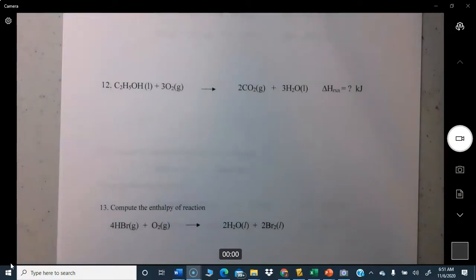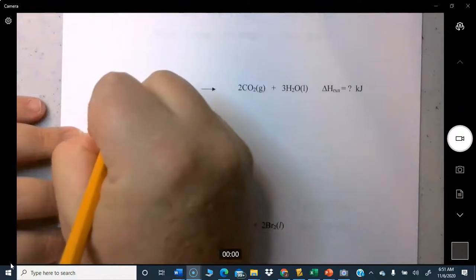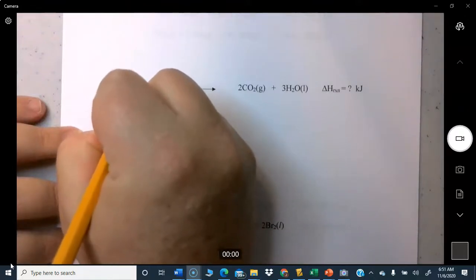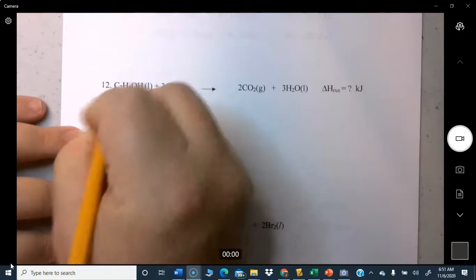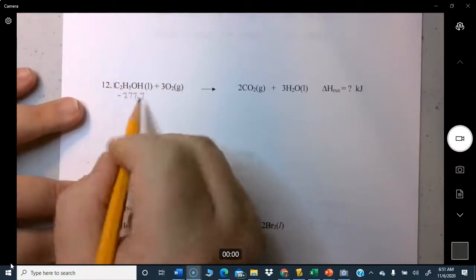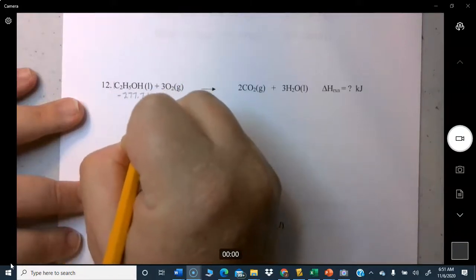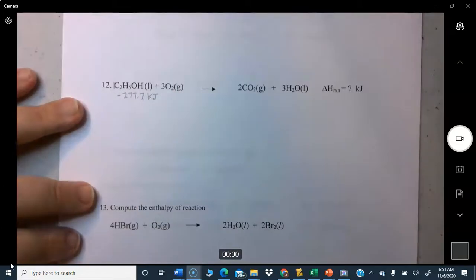Okay, so we'll come back here. Let's go ahead and write that down. Since it is 1 mole here, it's that much per mole, but there is 1 mole here, so that's how many kilojoules we have for this reaction. If it was more than 1 mole, we would have to multiply that.